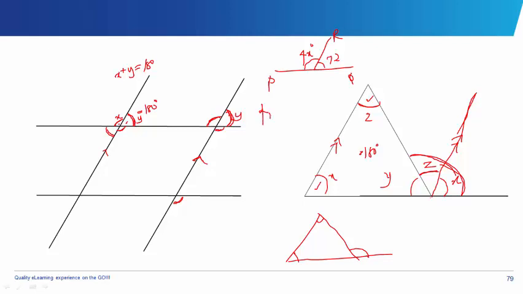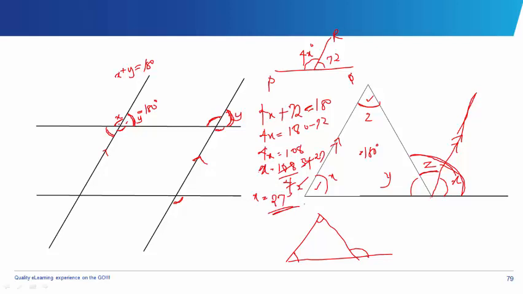Angles on a straight line, so we have that 4x plus 72 equals 180. 4x equals 180 minus 72. 4x will give us 108, and therefore x equals 108 divided by 4. 2 into 10 is 2, 2 into 8 is 4, which gives us 54. 2 into 54 will give us 27.